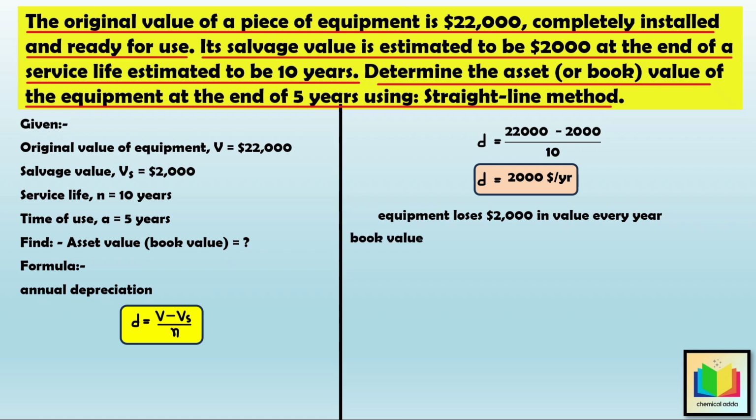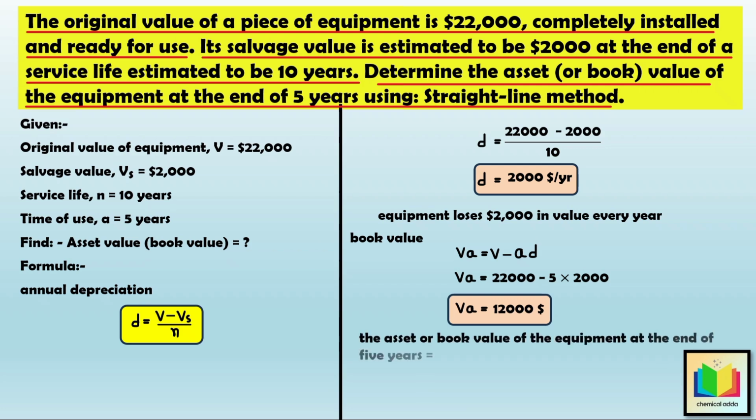We know the formula for book value after A years is VA = V - A × D. After substituting the given values and solving, we get VA = $12,000. So in this way, using the straight line method of depreciation, the asset or book value of the equipment at the end of 5 years is $12,000. In this way, using the formula, we can calculate annual depreciation cost and book value of an asset.